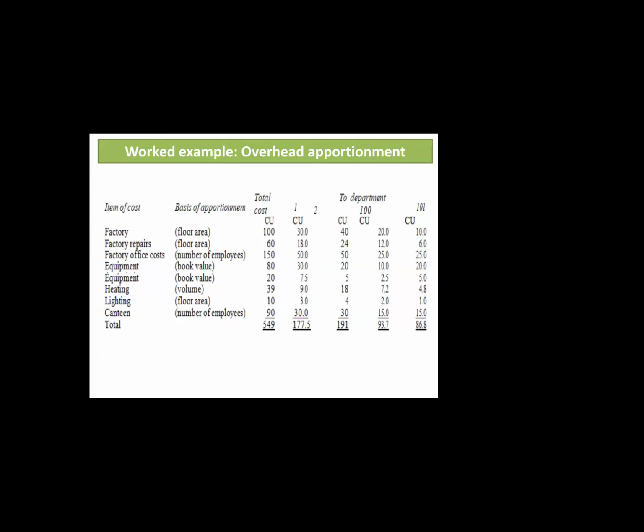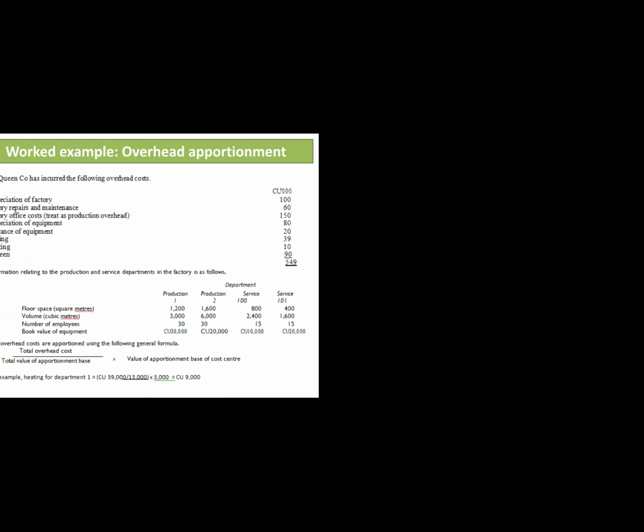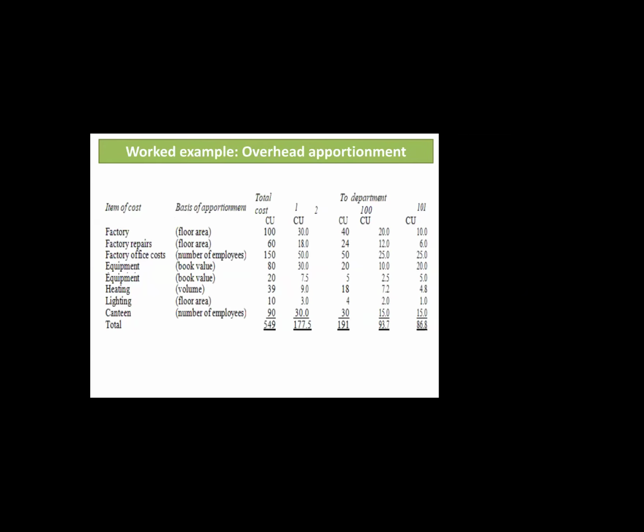And these are the total costs for production 1, production 2, service 100 and service 101. So the total cost is 5,49,000, and we segregated it among 1, 2, 100, 101. These are allocation and overhead apportionment.